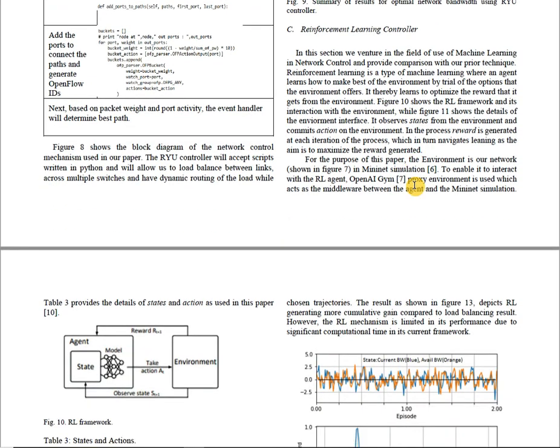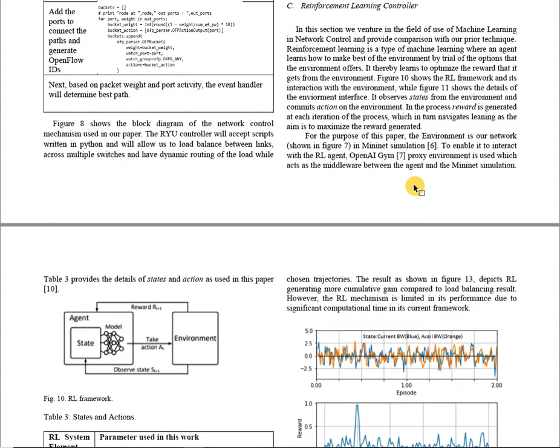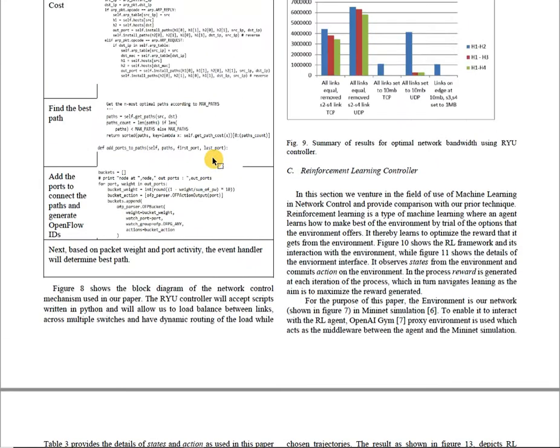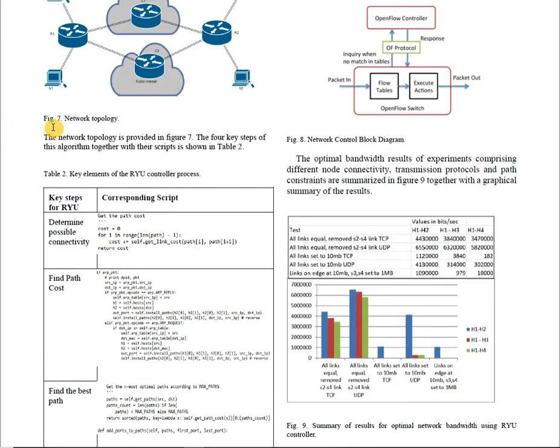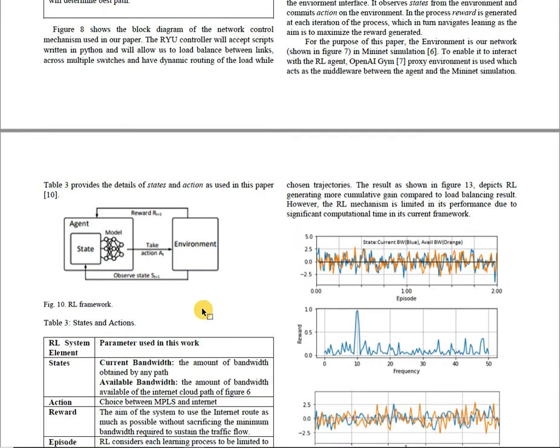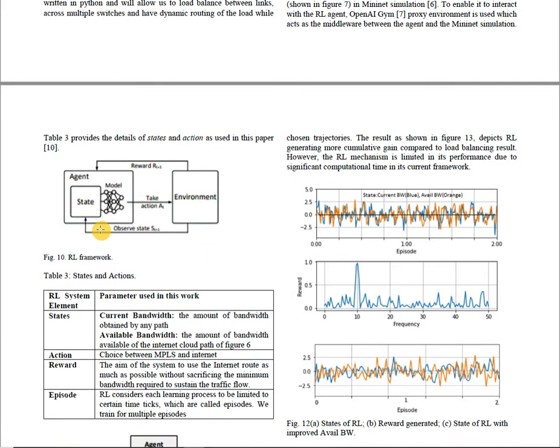This is using the Ryu controller. Finally, we use the RL controller to supplement our work, and when we go to RL, we have to justify the use of RL. Our environment remains the same as you see in figure 7, the network topology; that is our environment. But in our case, we have the RL agent.